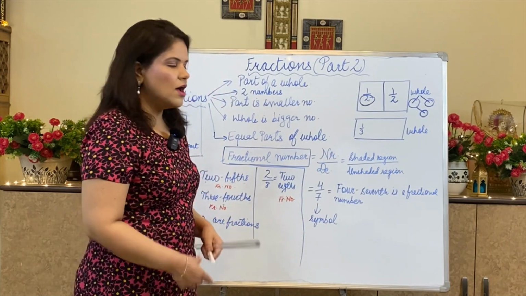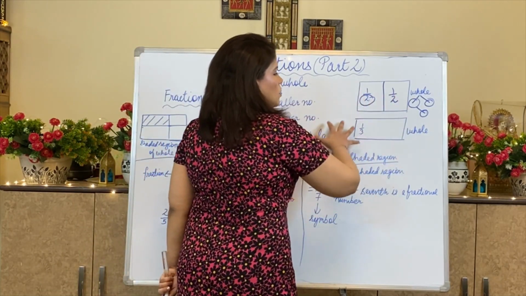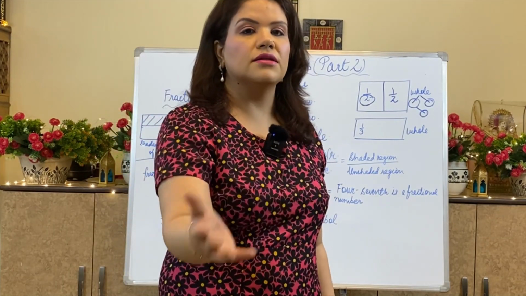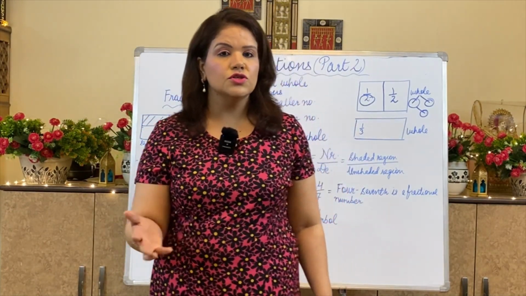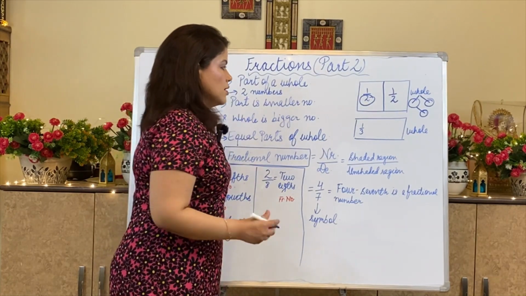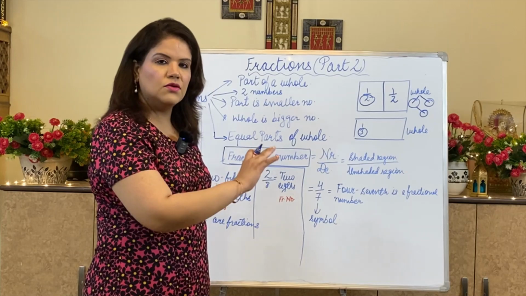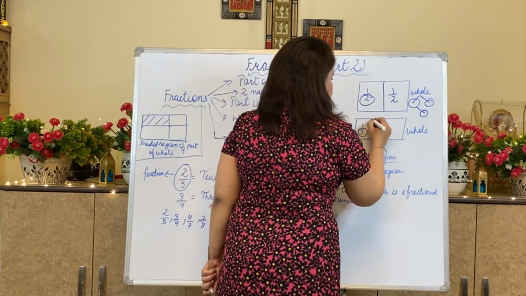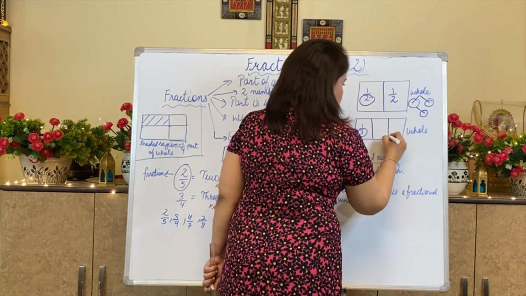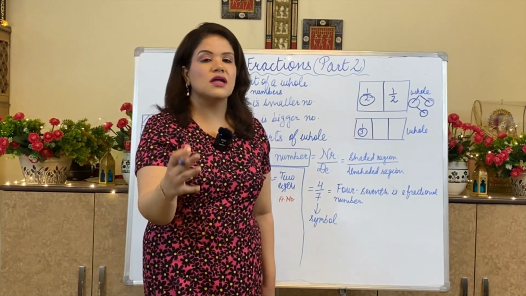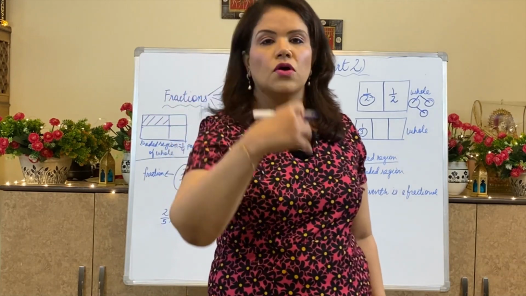Same way, if I have to divide this whole, and each part should have a value of 1/3, how many parts should there be? This is telling me how many parts this should be divided into. I divided this into 3 equal parts, and each part is now 1 out of 3.